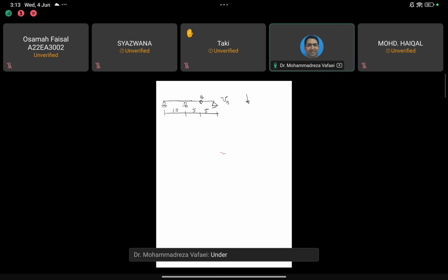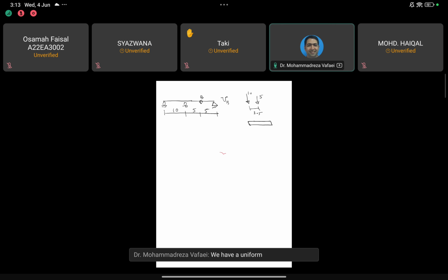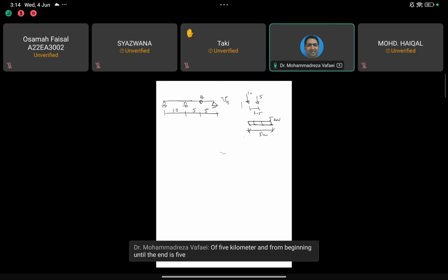the following loads. We have a moving load of 10 and 5 with the distance of 2.5 meter. We have a uniform load of 5 kilonewton, and from beginning until the end is 5 meter. And then we have a uniformly distributed self-weight of 1 kilonewton per meter.